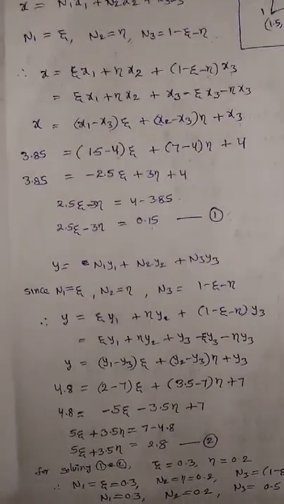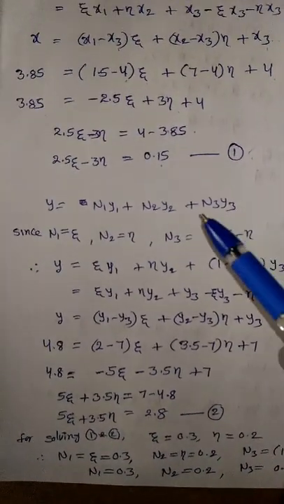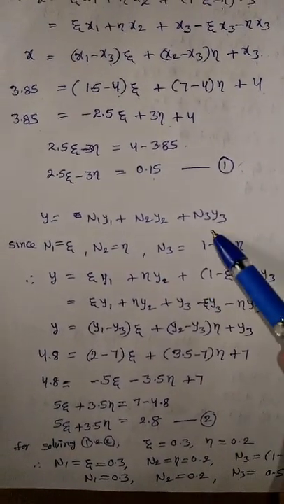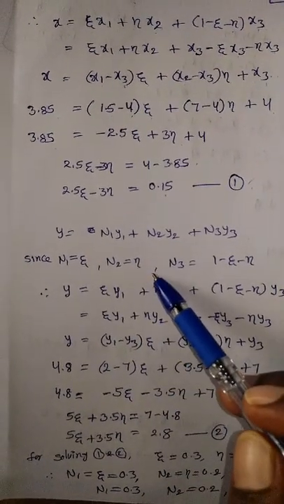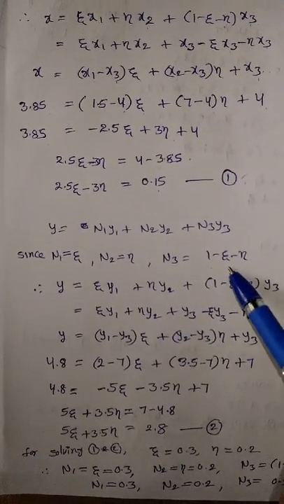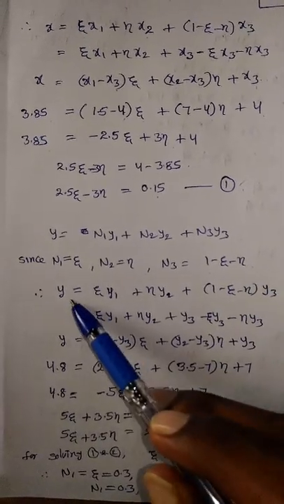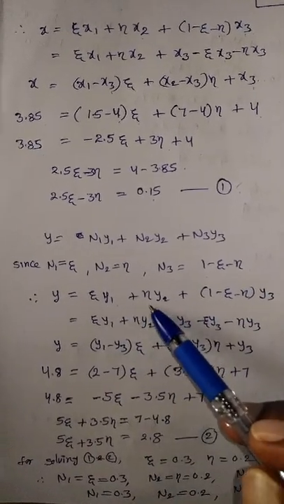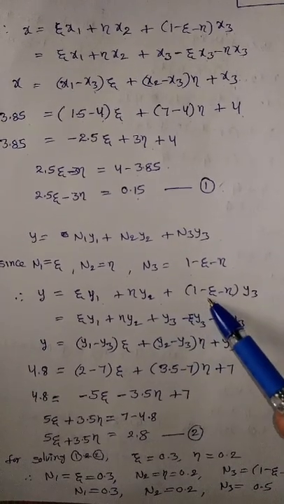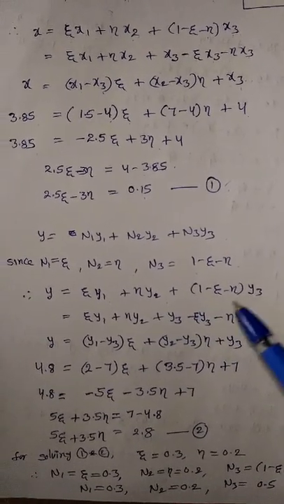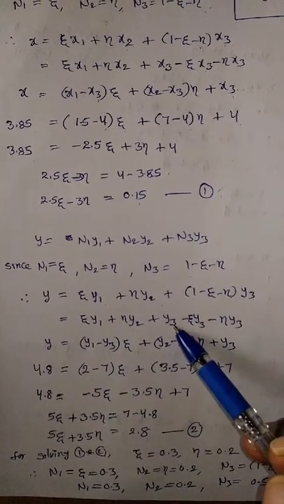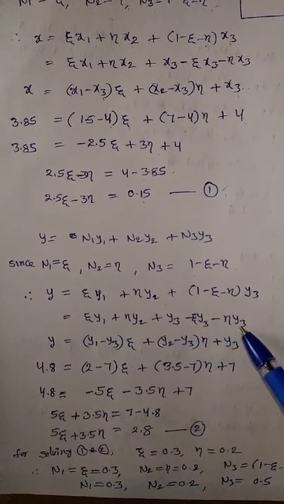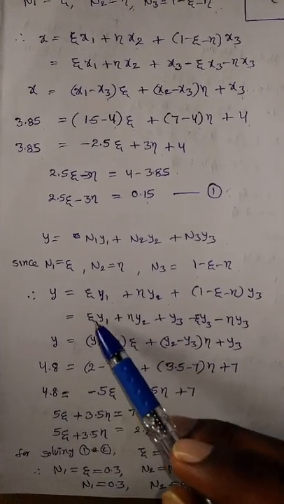And similarly y is equal to n1 y1 plus n2 y2 plus n3 y3. Since n1 is equal to xi, n2 is equal to eta, n3 is equal to 1 minus xi minus eta, therefore y is equal to xi y1 plus eta y2 plus (1 minus xi minus eta) y3, that is xi y1 plus eta y2 plus y3 minus xi y3 minus eta y3.